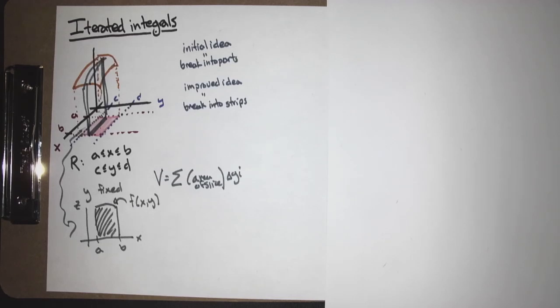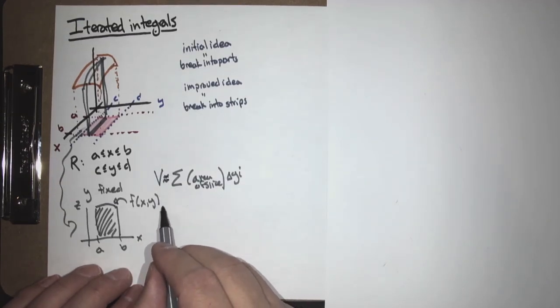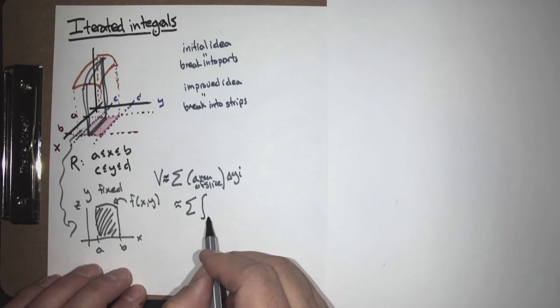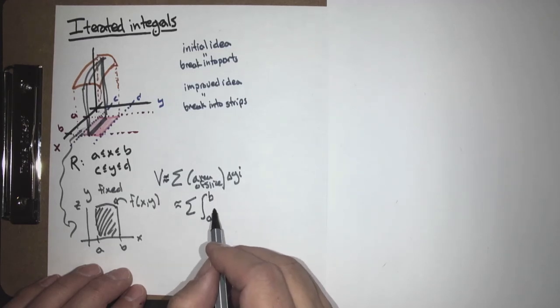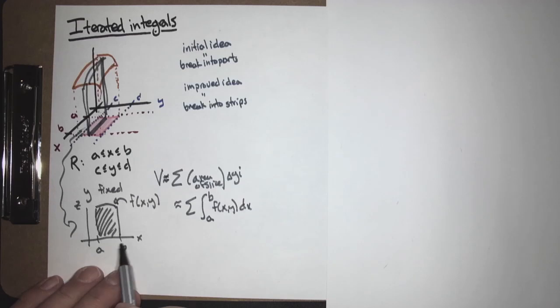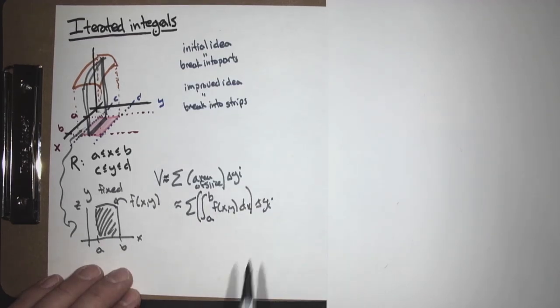You'd integrate. So the area of the slice would be the integral from a to b of f of x y dx, because we're in the x direction. That's your area of the slice, delta y_i.